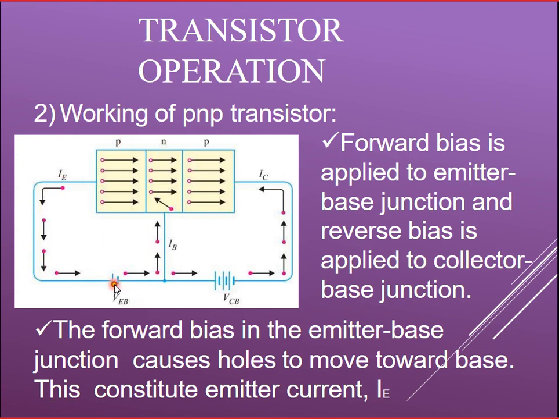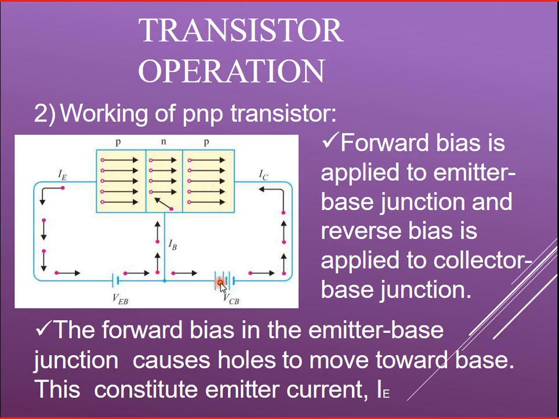P has a huge number of holes, so the holes will try to move and cross the junction. Once they cross the junction, very few recombine with the electrons available in the base, and the remaining 99 percent of holes will cross the other junction towards the collector.